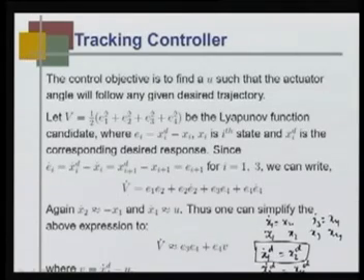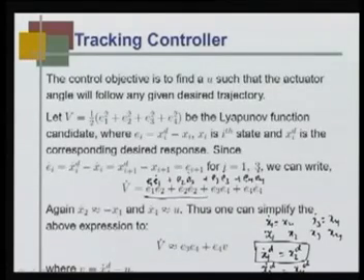Differentiating V, we get V dot as e1 e1 dot, e2 e2 dot, e3 e3 dot, e4 e4 dot. So, we already know that e2 is e1 dot, and this is retained, and e4 is e3 dot.